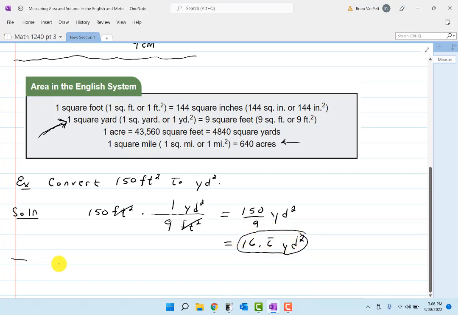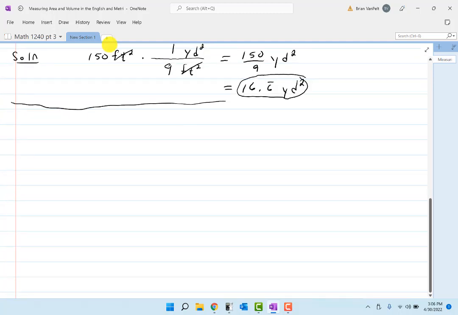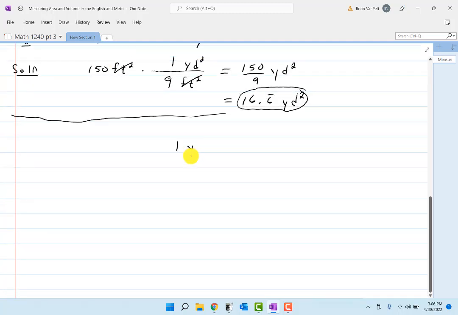Let me illustrate something. I don't know that I did it in the last video, and I think it's important. 1 square yard equals 9 square feet. So if I divide both sides by 9 square feet, I get the following.